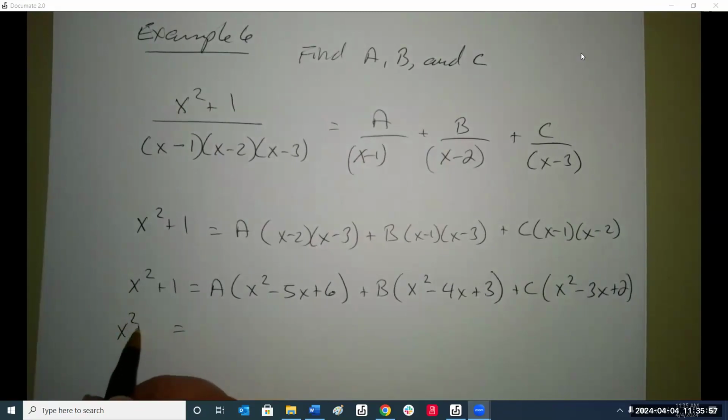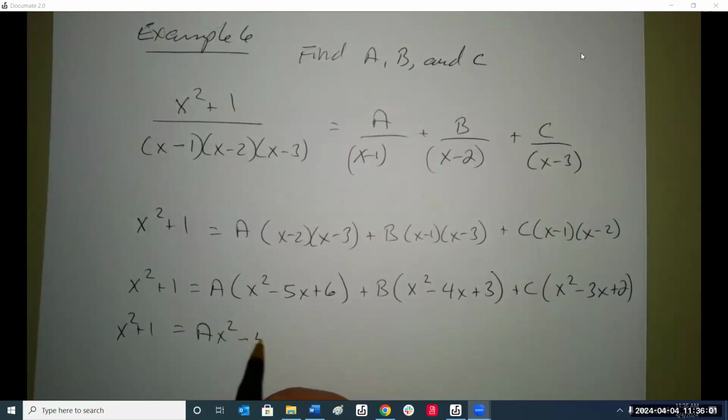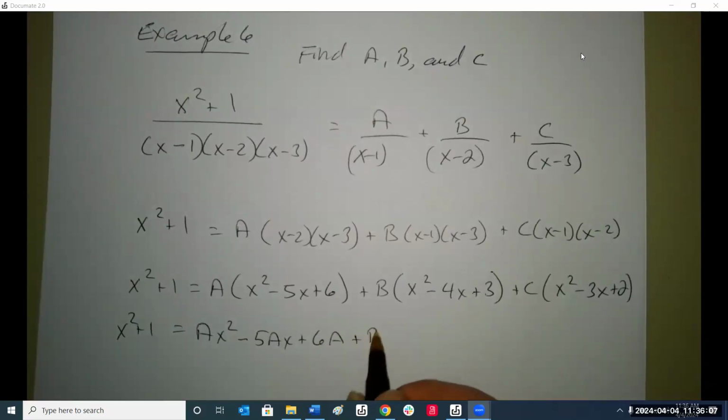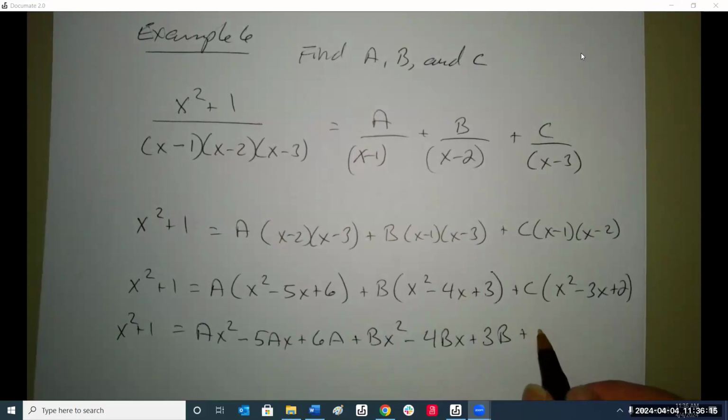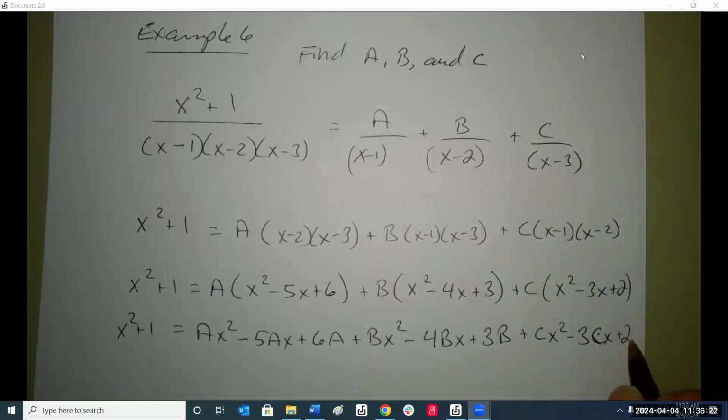So x squared plus 1. So we have ax squared minus 5ax plus 6a, bx squared minus 4bx plus 3b, cx squared minus 3cx plus 2c.